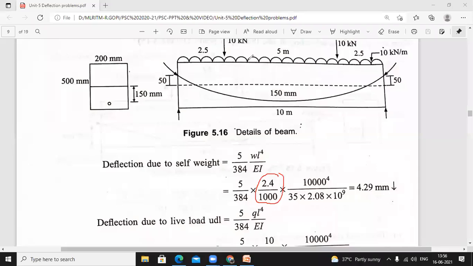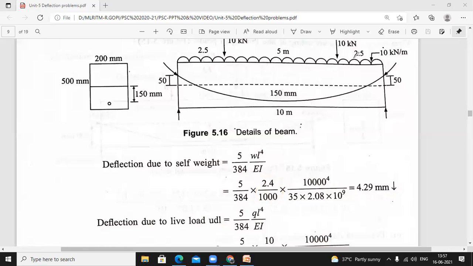So 5 by 384 into 2.4 divided by 1000, multiply by 10,000 power 4 divided by E value 35 and I value 2.08 into 10 power 9. So it is 4.29 mm downward. So always self weight deflection and live load deflection should act downward only.